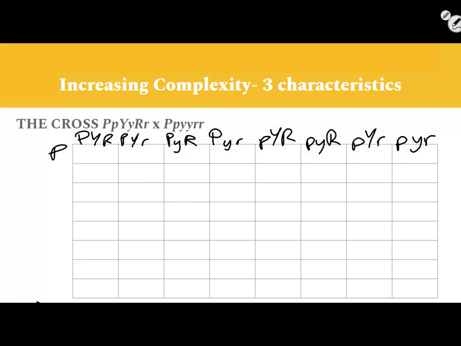We can have big P, little y, little r, big P, little y, little r. Big P, little y, little r. Little p, little y, little r. So that's our setup alone.